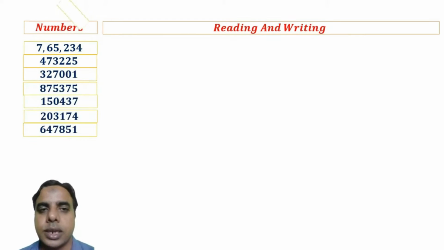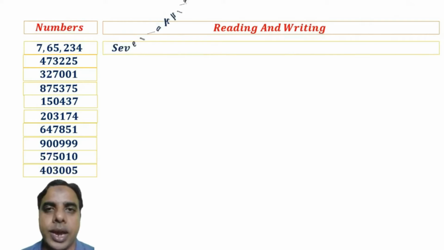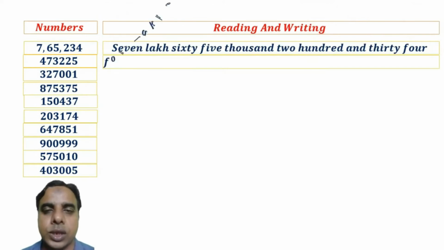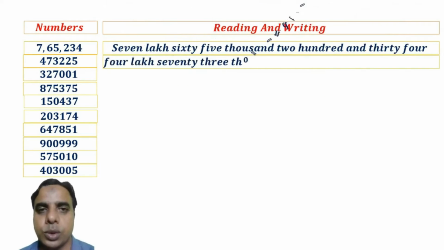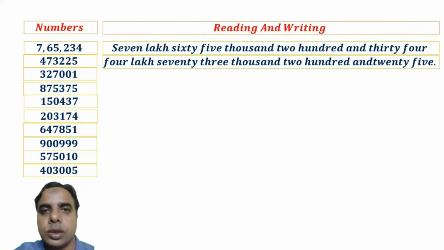Then the second number, 473,225, is 4,73,225. So students, you are supposed to write all these answers in your copy while you are looking at your screen.